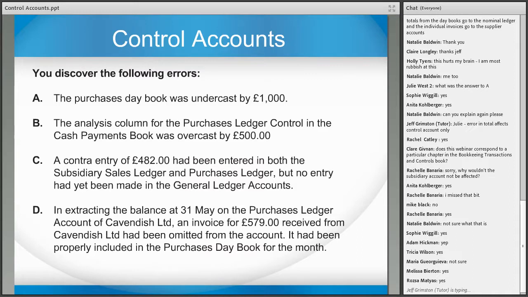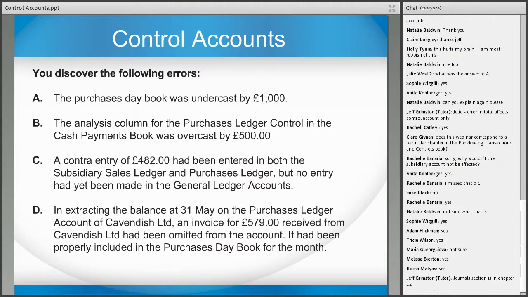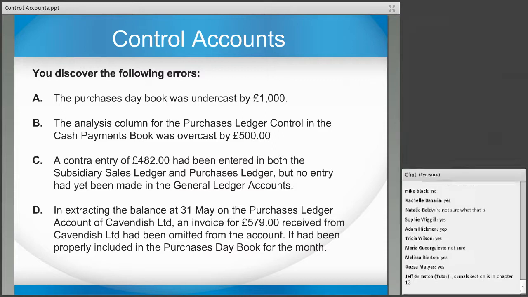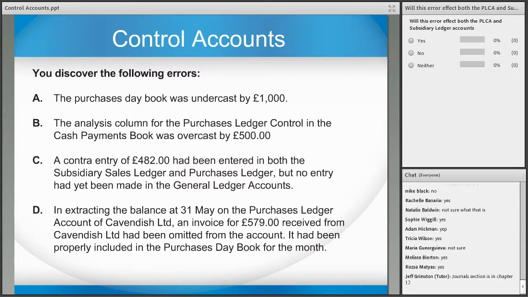It's not really that practical in the real world because it gets ever so messy, and it doesn't leave such a clear audit trail. So it's more of an academic exercise than one that you'd see in the real world. But right, let's have another little poll. Who thinks this will affect the control account or the individual subsidiary ledgers?